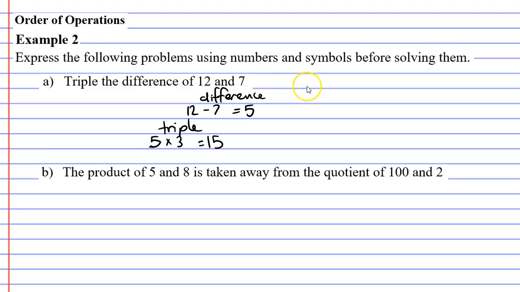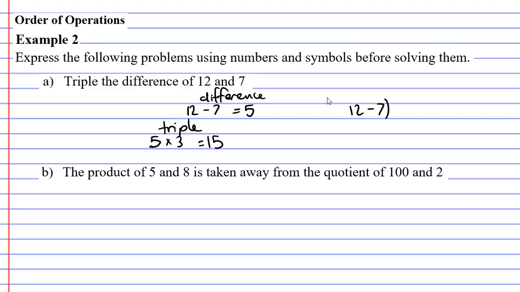So how am I going to do that? Well, now that I've painted a picture, I reckon I can. First of all, I found the difference. So first of all, I went 12 minus 7. And then after that, I timesed it by 3.